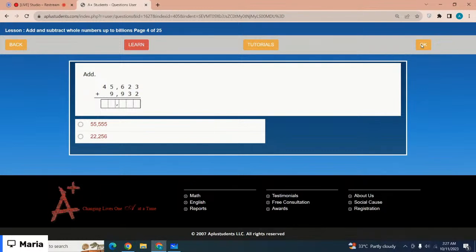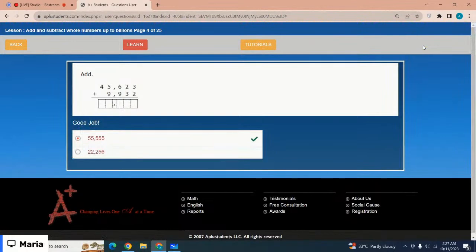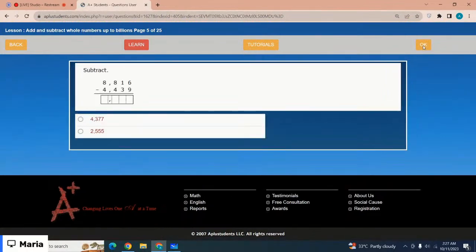Yes. For every question, I think the correct option is A, if I'm not wrong. Okay, the next one is 8,816 minus 4,439, which is the correct option. You have to subtract them.